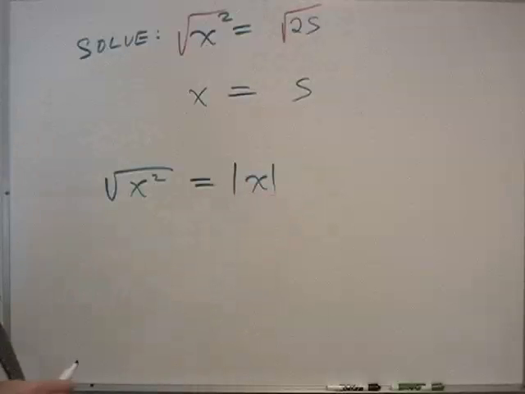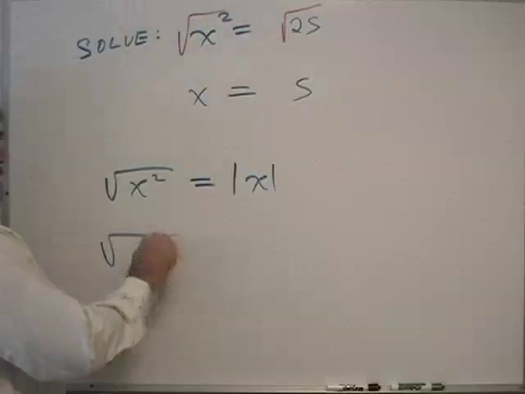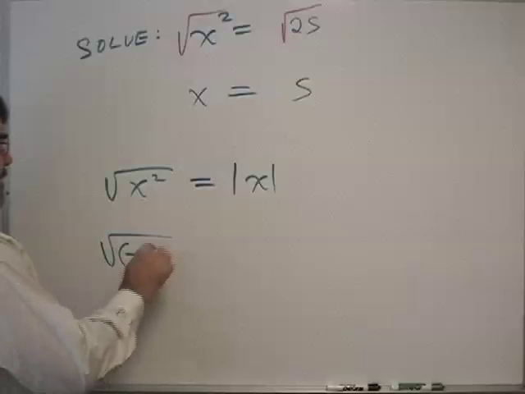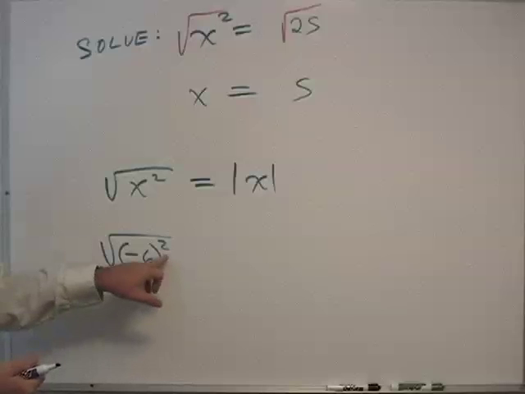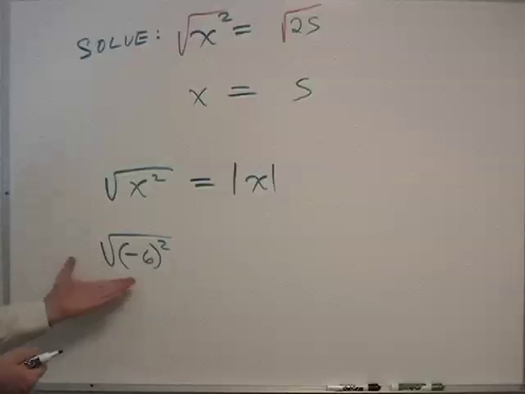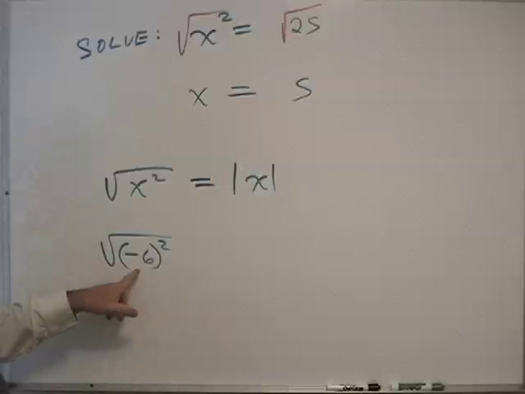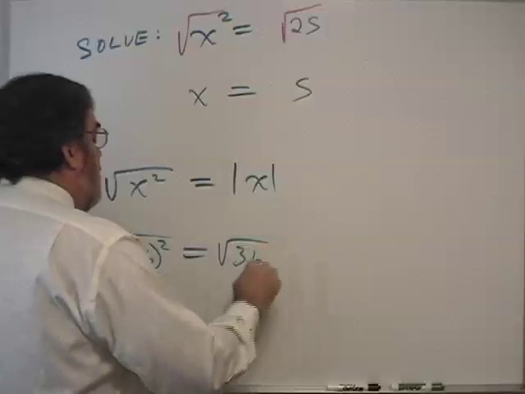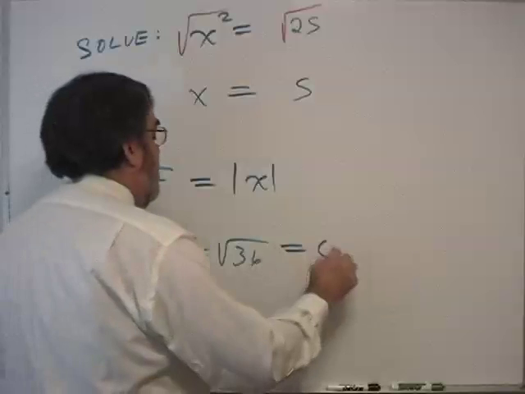I'll give you an example. If you took the square root of negative 6 in parentheses squared. Do I get negative 6? No, because negative 6 squared is positive 36, and then the square root of 36 is 6.